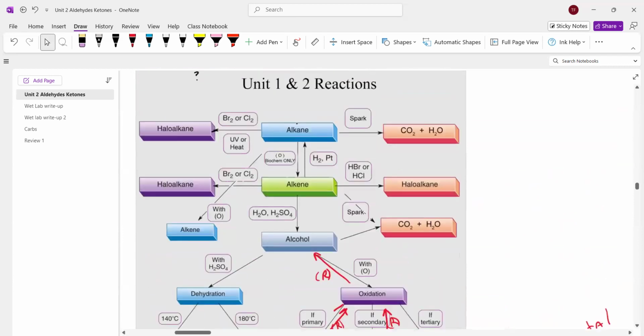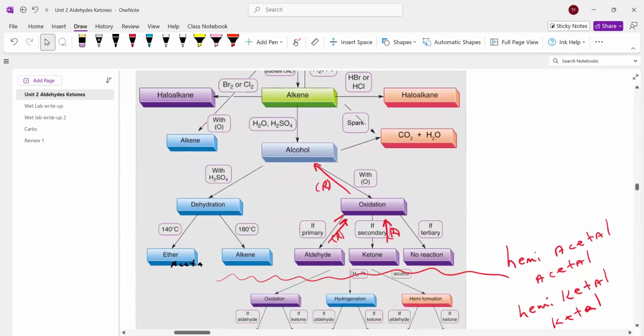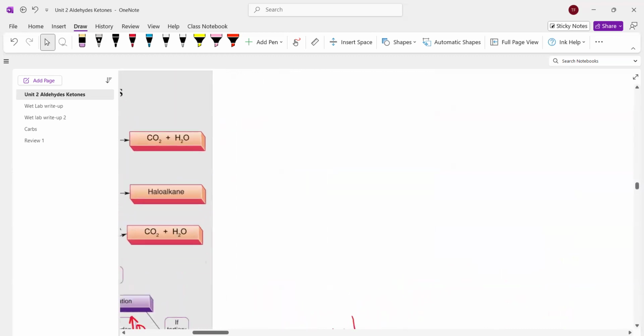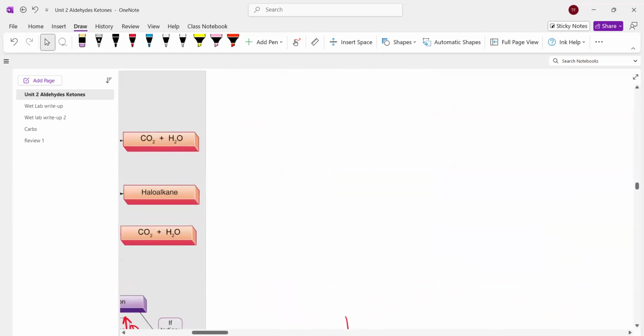So let's do some examples. Okay, say I have that primary alcohol, and I decide to oxidize it.